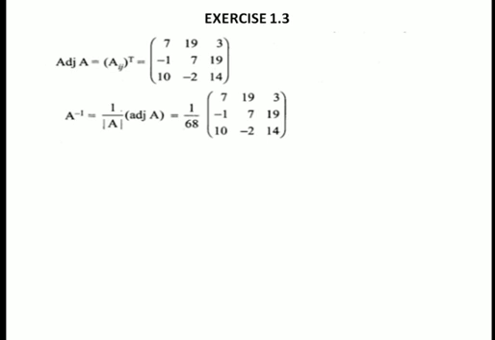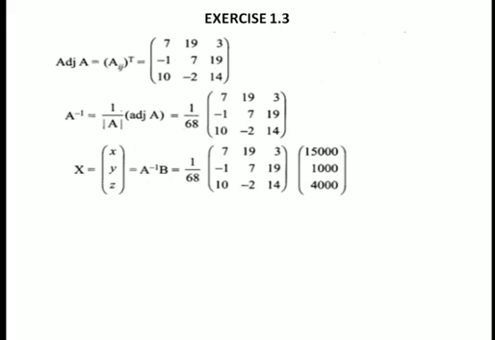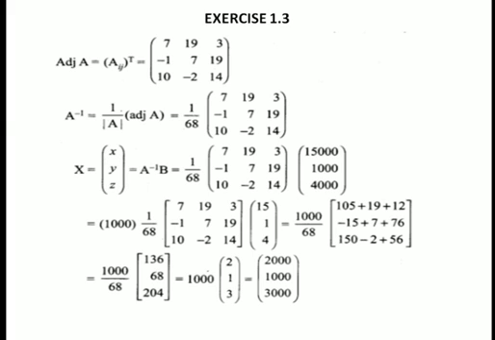A inverse equal to 1 by A modulus times adjoint of A, equal to 1 by 68. After that you simplify, and you get 15,000, 1,400, 4,000 and 1,000, 2,000, 1,000, 3,000. X equal to rupees 2,000, Y equal to rupees 1,000 and Z equal to rupees 3,000.